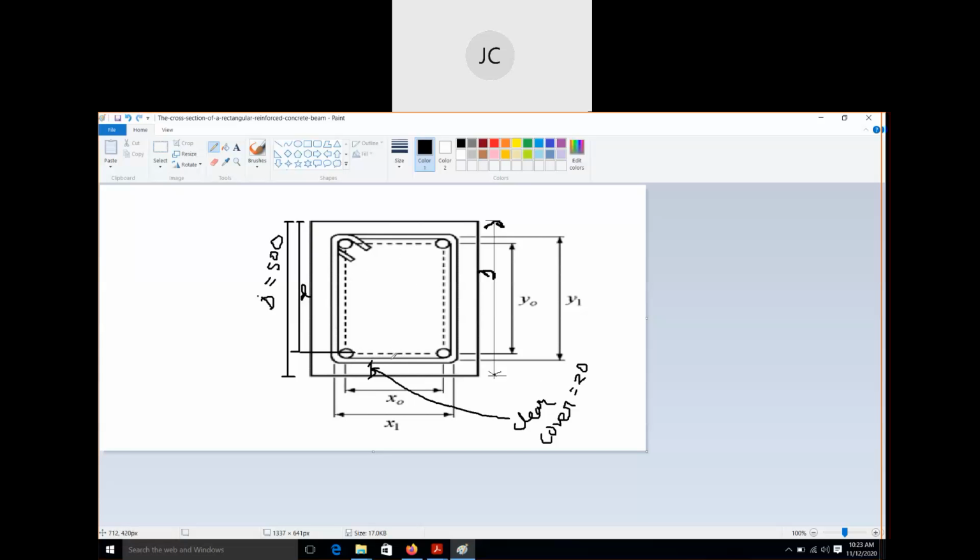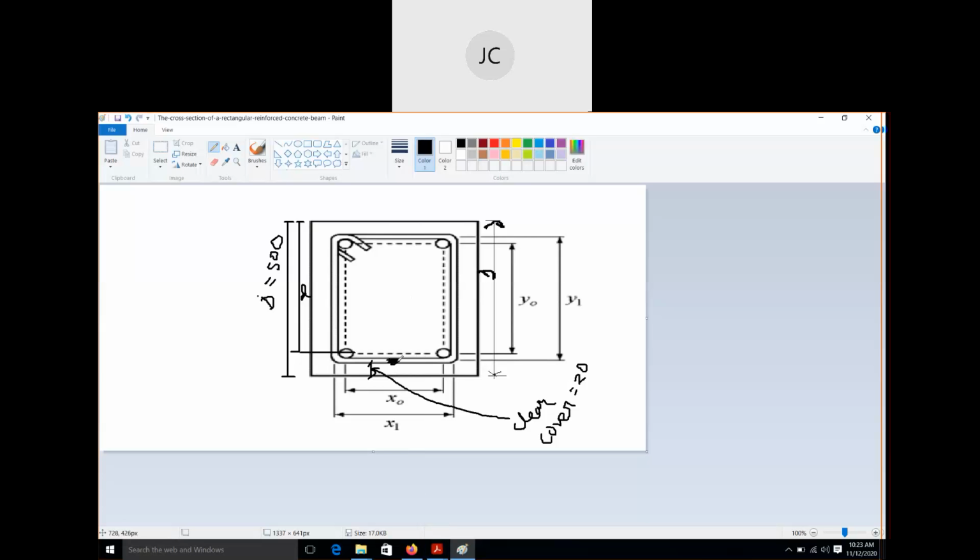Okay, so now what is this? Can you tell me what is this? Anyone? Stirrup. Yes, good. It is the stirrups. Okay, so now in this case, the stirrup diameter is how much? You can see in the PDF.